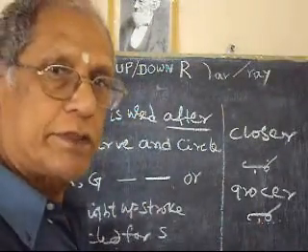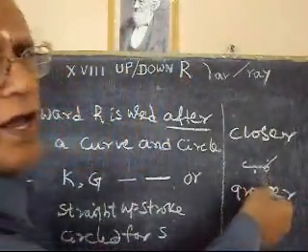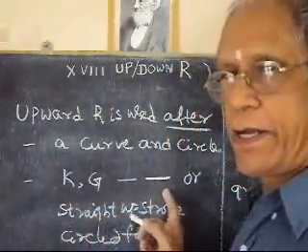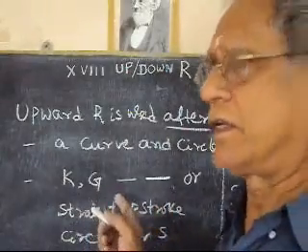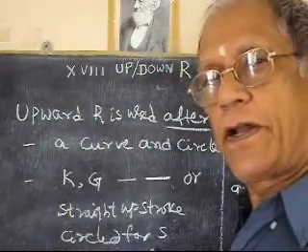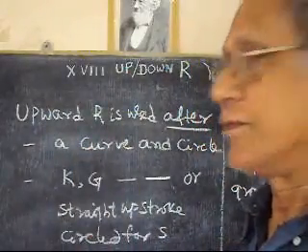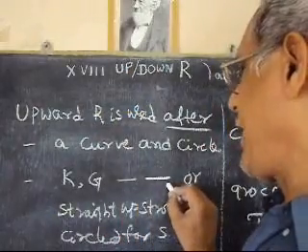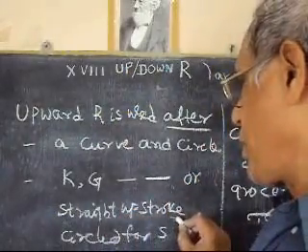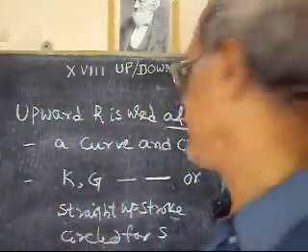Then if R comes, it should be written upward. Grosser, because it is showing an angle. After K or G, that means a straight horizontal, circle for S, or a straight upstroke, circle for S. That is the rule.